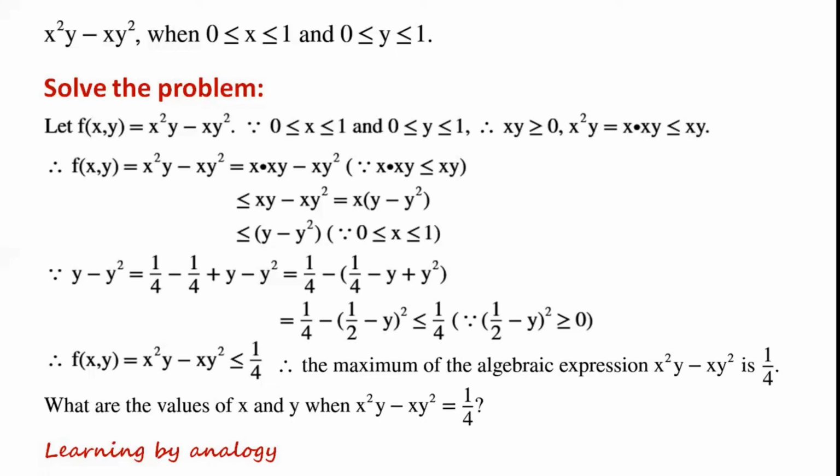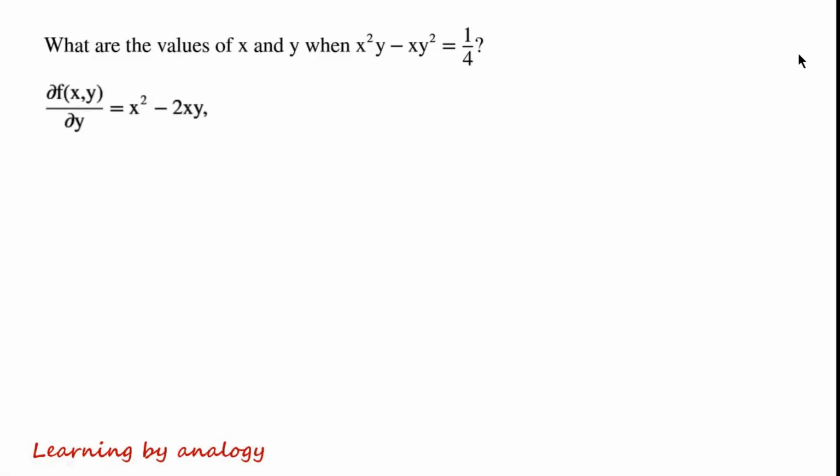What are the values of x and y when x squared y minus xy squared equals a quarter? The partial derivative of f(x, y) with respect to y equals x squared minus 2xy.